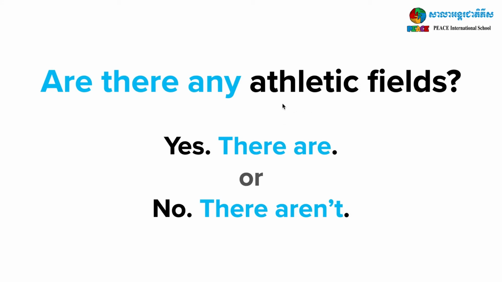Now, if we want to talk about a plural thing, for example, fields, is there one or more than one? When we see S, we know more than one. Athletic fields. So we don't use is, we use are. Are there any athletic fields?